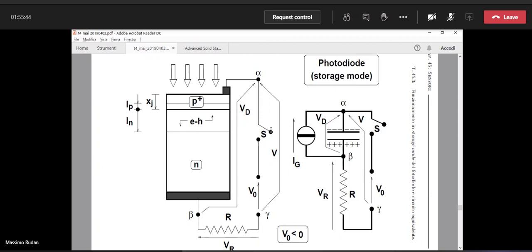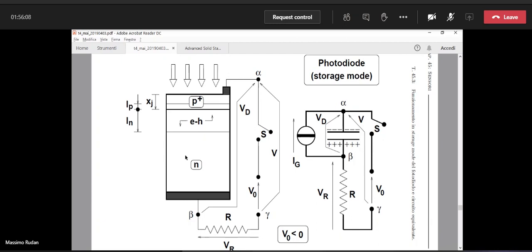When we open the switch, no current can flow through the device because we have opened the external circuit, okay? So we have a device in which no current can flow, but light keeps impinging on the device.